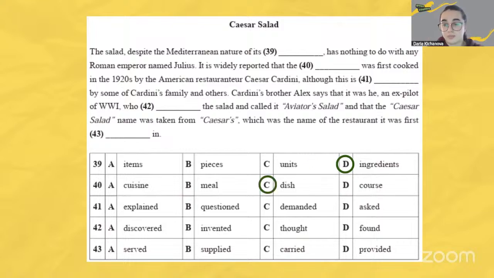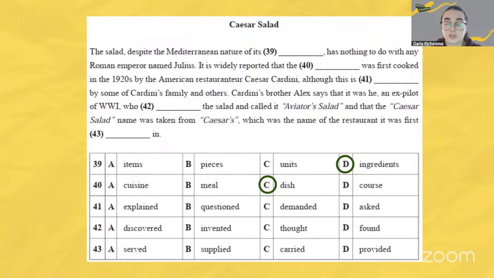That is correct. What about 41? There we have explained, questioned, demanded, and asked. So there we have the question of whether the invention of the salad was explained, or questioned, demanded, or asked by.